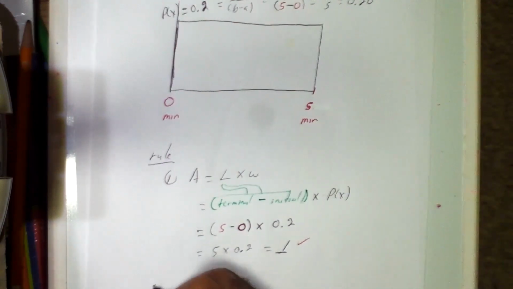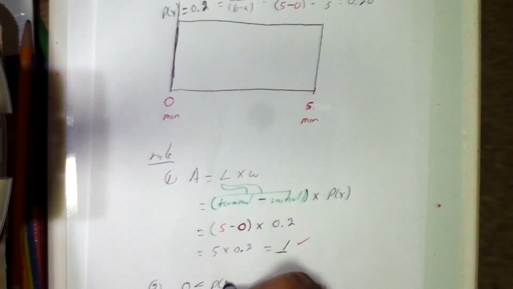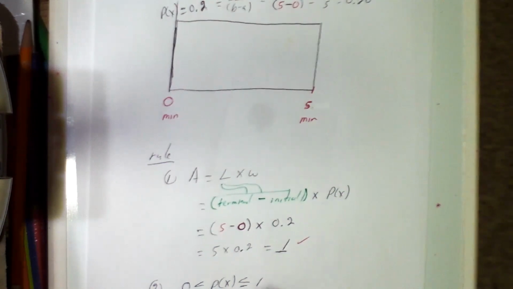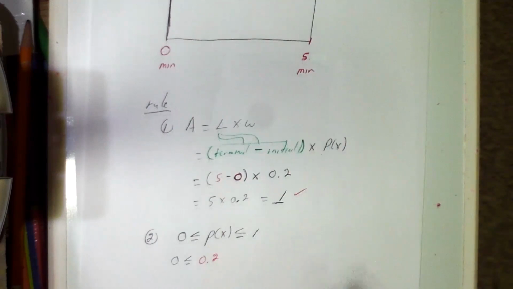Number 2, I need to see if the P of X value is a number between 0 and 1. So is this true? Is 0.2 a number between 0 and 1?